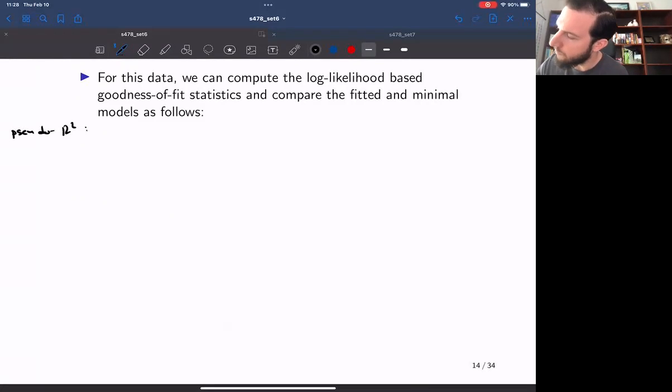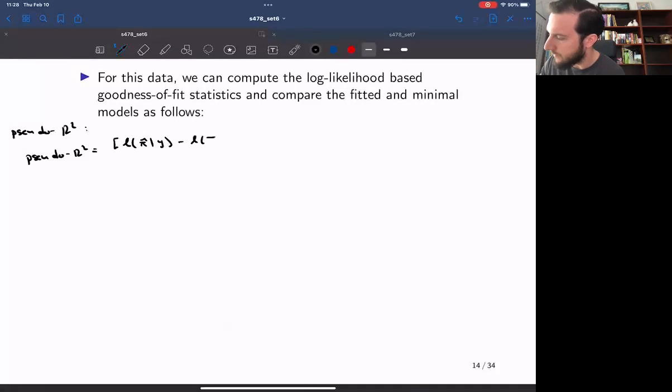The pseudo r squared is equal to the log likelihood of the fitted model given the data minus the log likelihood of the minimal model given the data, divided by the log likelihood of the minimal model.